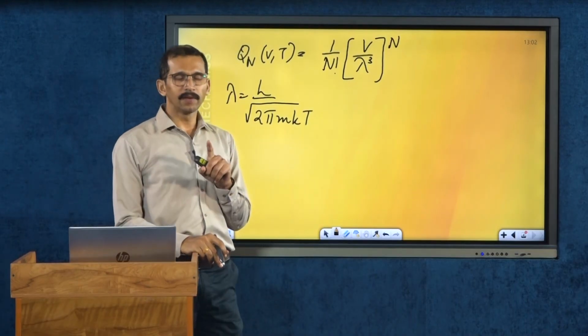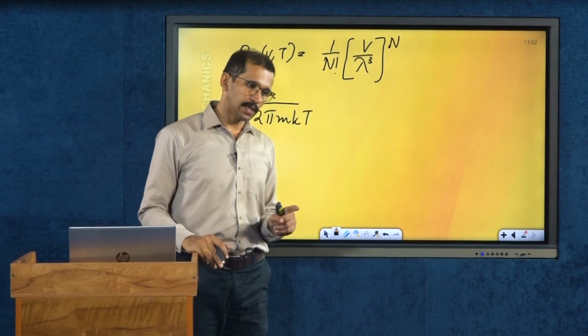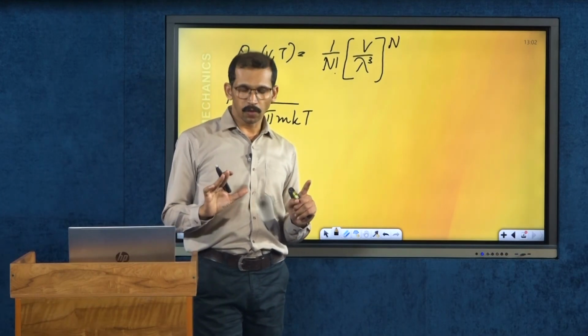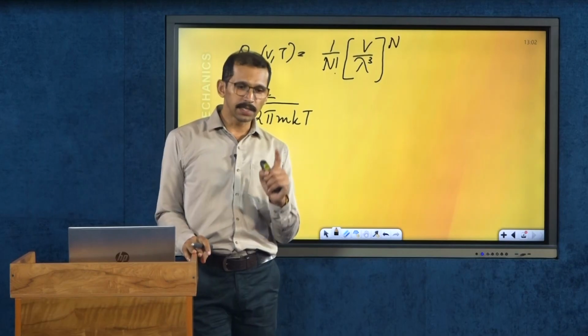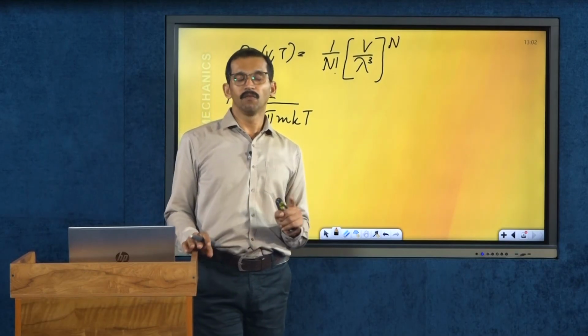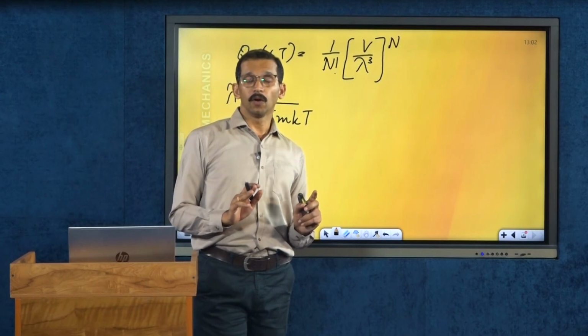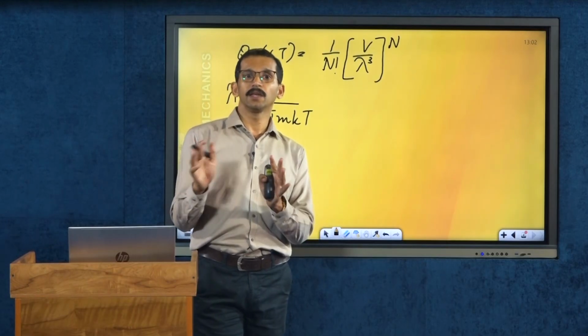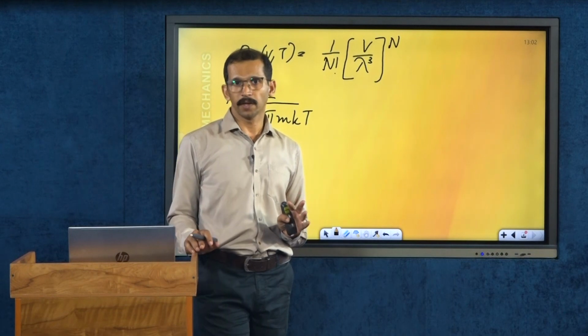What is the de Broglie wavelength? The de Broglie wavelength is a very important piece of information in the whole of physics, because that is the distance which puts a borderline between distinguishable and indistinguishable systems.